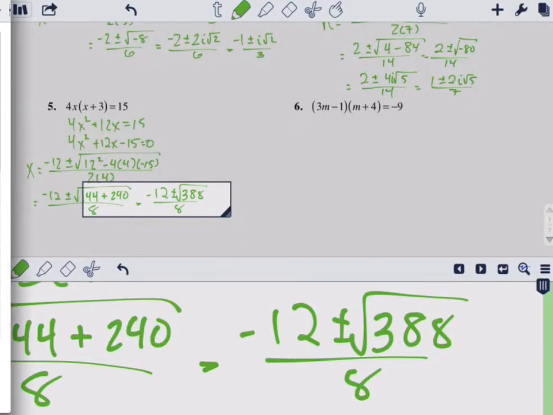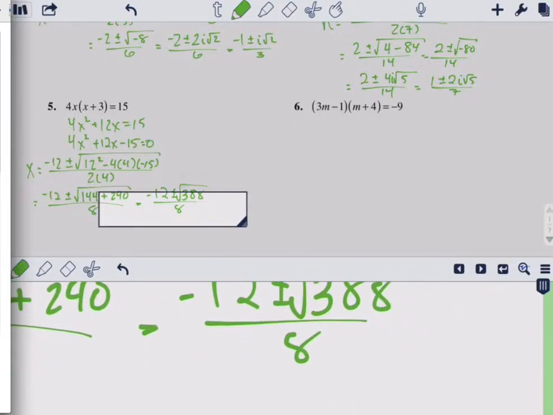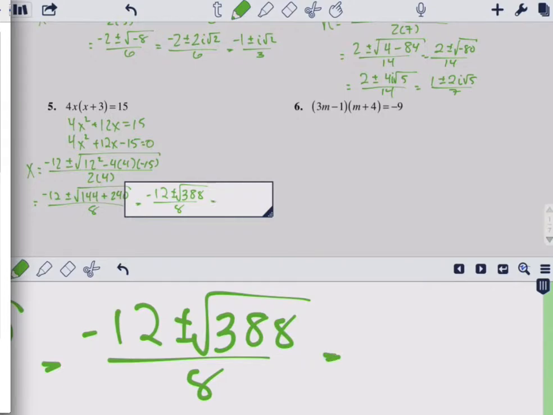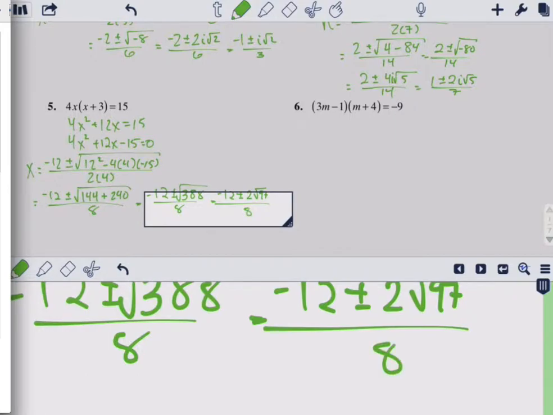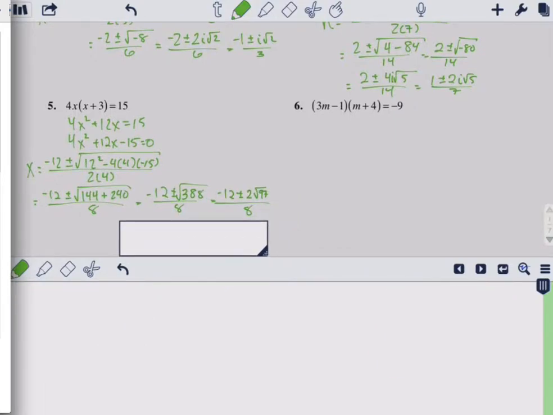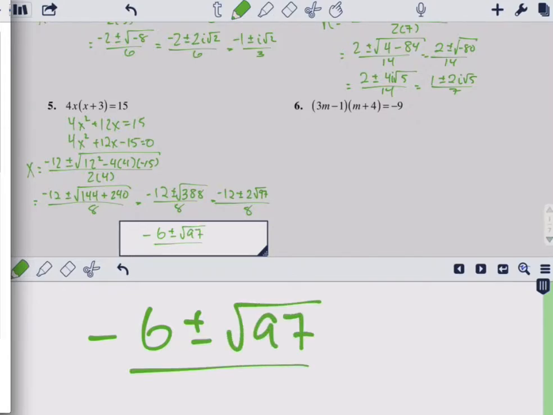It is divisible by 4, 97 times. So negative 12 plus or minus the square root of 4 times 97, or 2 times the square root of 97, over 8, and that reduces to negative 6 plus or minus the square root of 97 over 4.